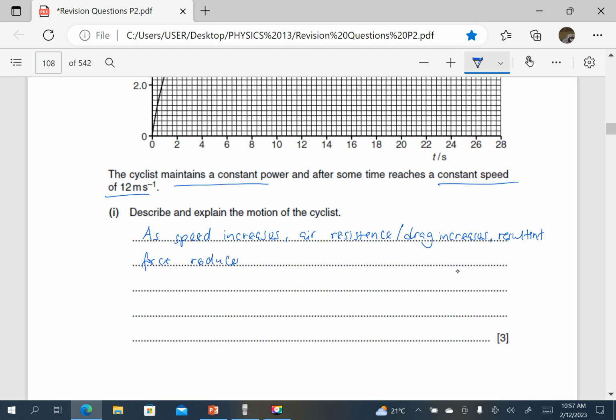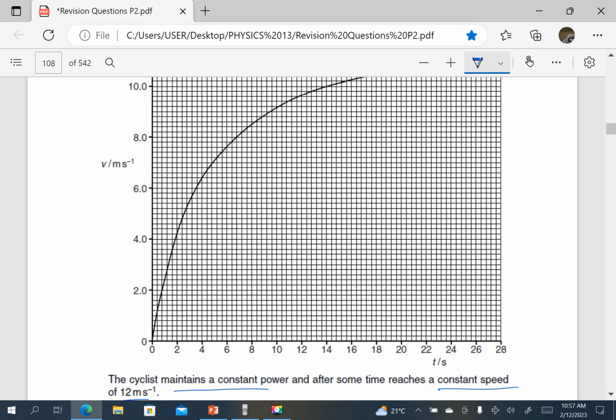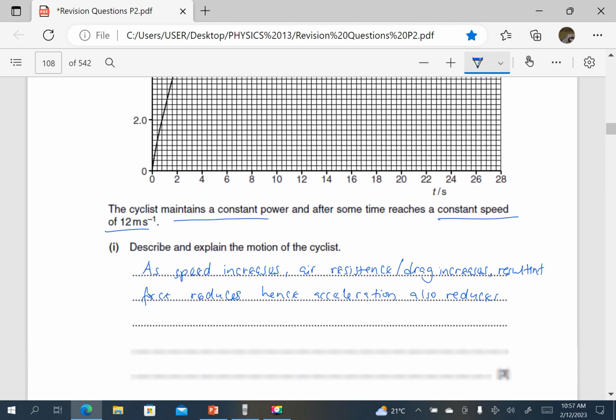Remember the cyclist is traveling, air resistance is in the opposite direction. So as the speed increases forward, air resistance also increases in the opposite direction. So the resultant force decreases. Hence, acceleration also reduces. That's why we are seeing on the graph that the gradient is decreasing because the acceleration is reducing.